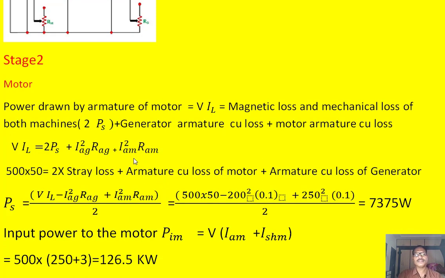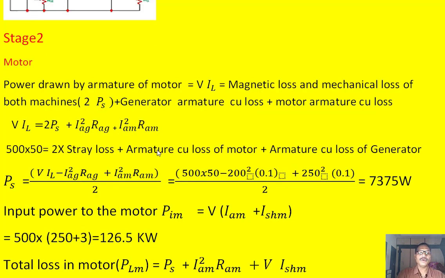IAM is the total input current to the armature of the motor, and RAM is the armature resistance of the motor.